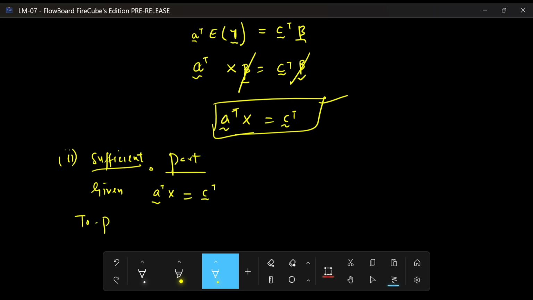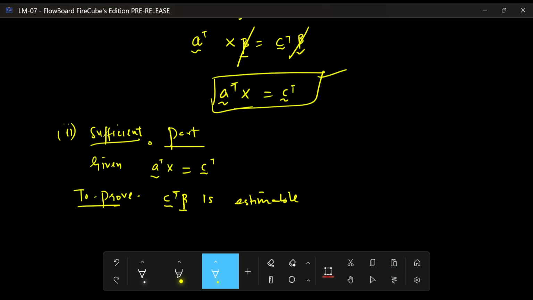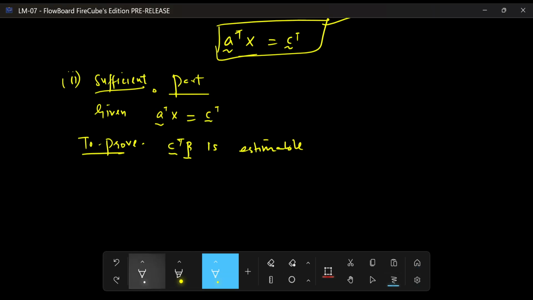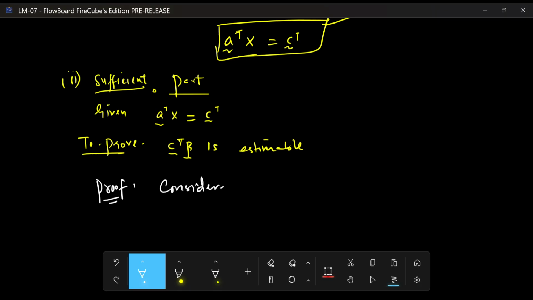Then to prove that C curl transpose beta curl is estimable. Now proof. Consider C curl transpose beta curl is equal to A curl transpose X beta curl.